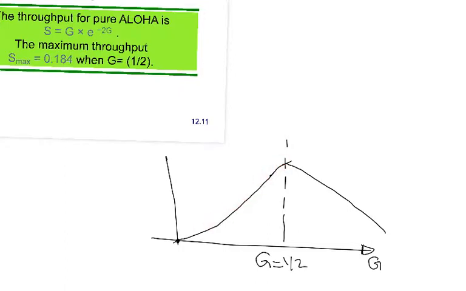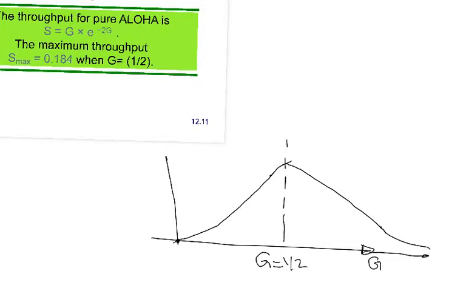That's why the throughput increases. After g equals 1/2, the load on the network grows to the extent that we have more and more collisions, and the more collisions we have, the more the throughput decays. The throughput decays against g exponentially, as we can see.